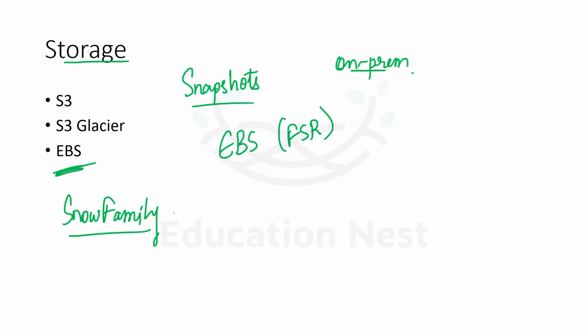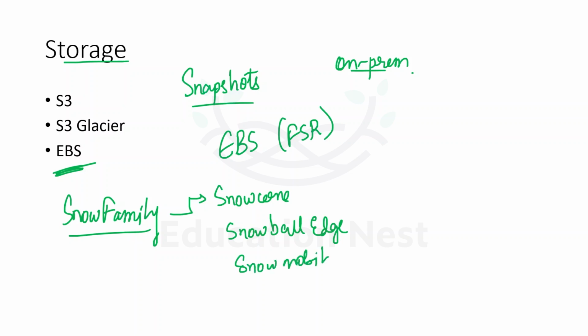We have three different types of devices: Snowcone, Snowball Edge, and Snowmobile. These are the three different kinds of devices which can be useful for taking the backup of your data from your on-prem.